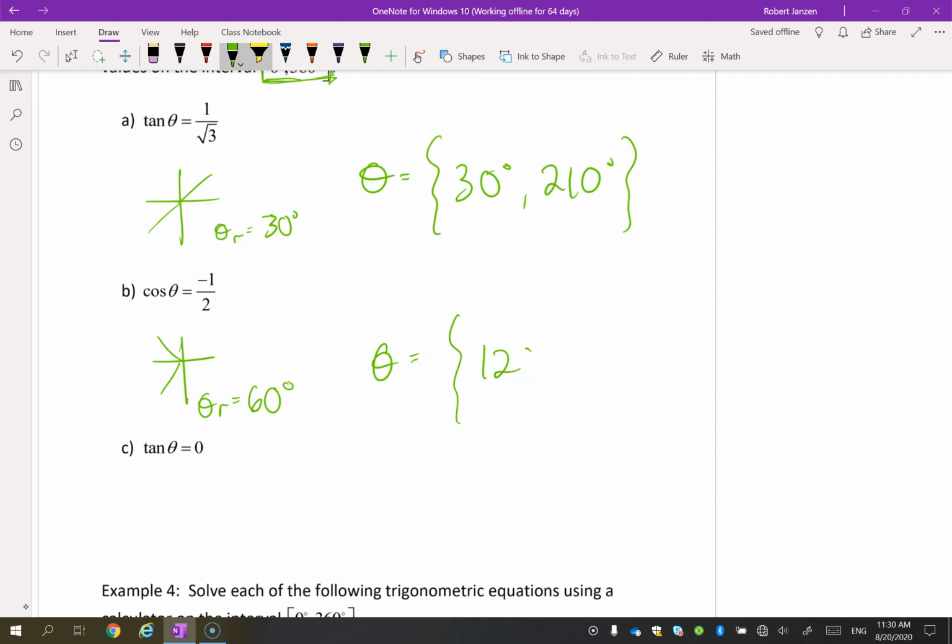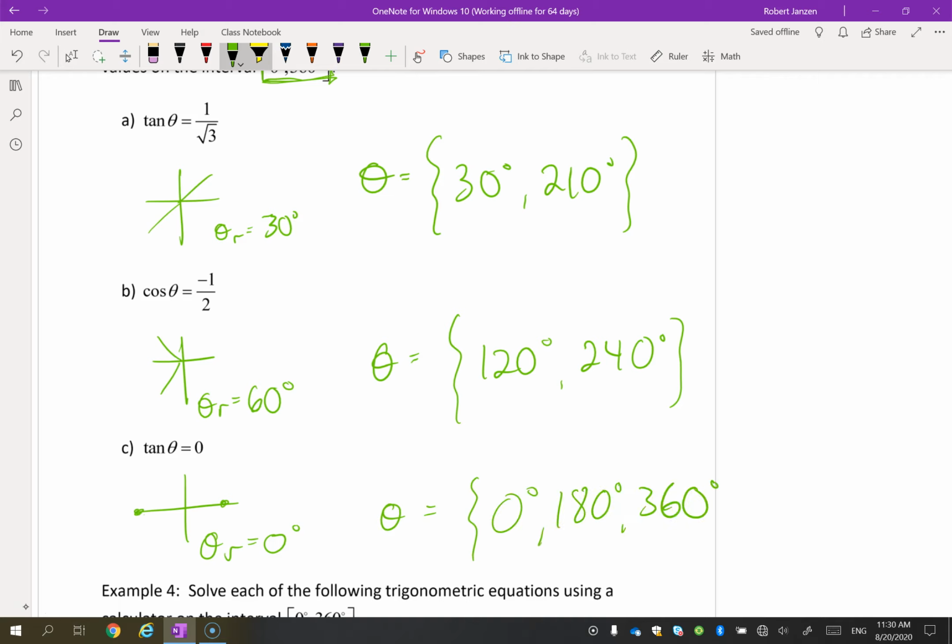And so you'd have 120 and 240. Okay, where's tan 0? Is that positive or is that negative? Well, it's neither. You should actually know that tan is 0 here and here. So my reference angle is 0 degrees. So I'm going to have 0, 180, and 360.